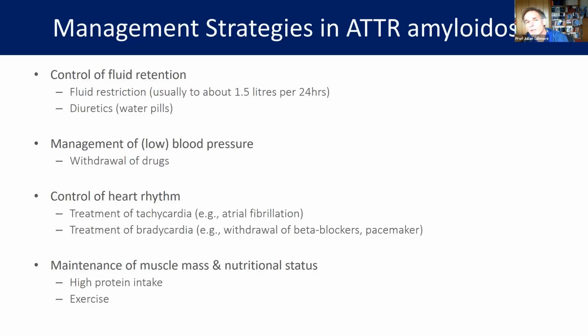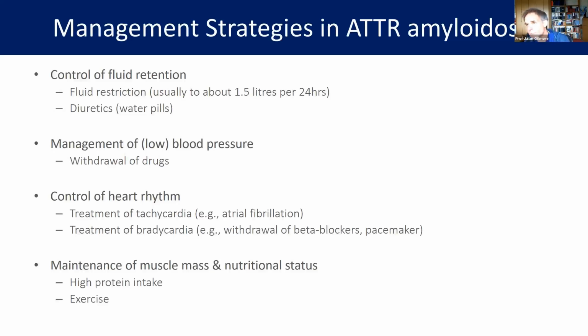And typical diuretic tablets would be furosemide, bumetanide, and another tablet called spironolactone. Many of you will be aware of those tablets. Patients with cardiac ATTR amyloidosis often have low blood pressure. And some of the tablets that are used routinely to treat heart failure can exacerbate that.